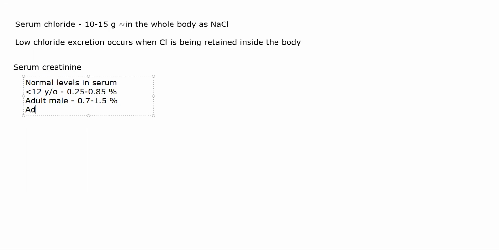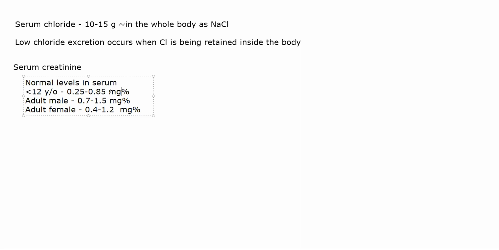If it is an adult female, it's around 0.4 to 1.2. All of these are in mg percent. It is generally higher in males because of increased body size and increased amount of muscle mass.